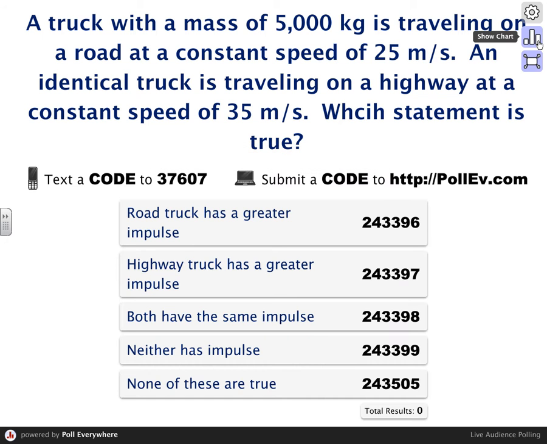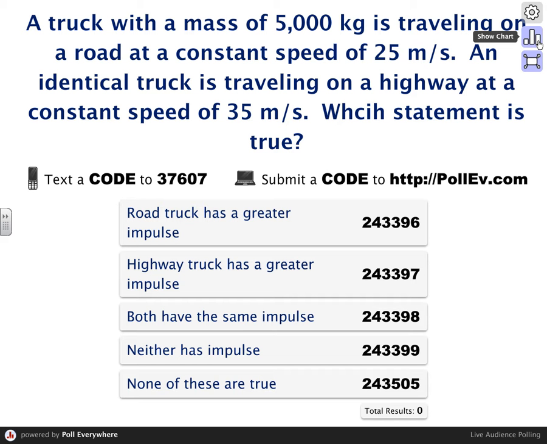It says a truck with a mass of 5,000 kilograms is traveling on a road at a constant speed of 25 meters per second. An identical truck is traveling on a highway at a constant speed of 35 meters per second. Which statement is true? First statement, road truck has a greater impulse. Second, highway truck has a greater impulse.